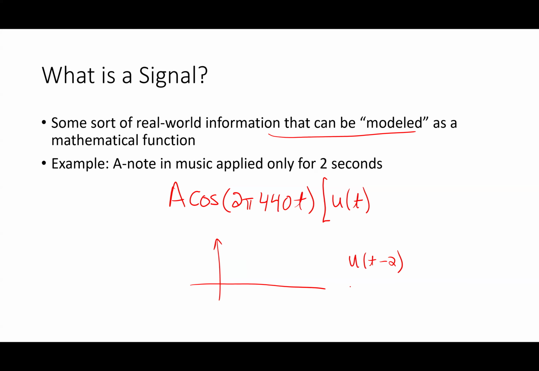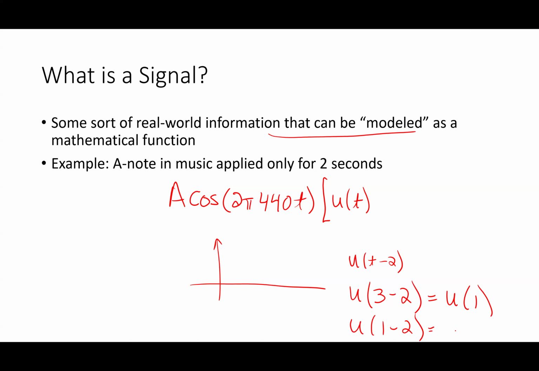Well, I can plug in what happens at t equal to 3 seconds, let's say. So u of 3 minus 2 would be u of 1. That would be equal to 1. If I plugged in u of 1 minus 2, that would be u of negative 1.